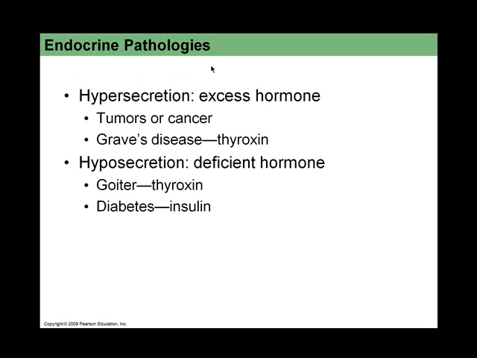So endocrine pathologies can be in a couple of categories: hypersecretion with excesses, tumors or cancers, Graves' disease with the thyroxine being affected. The hyposecretion, a deficient hormone, so goiter where thyroxine again is affected, and diabetes where insulin is affected.